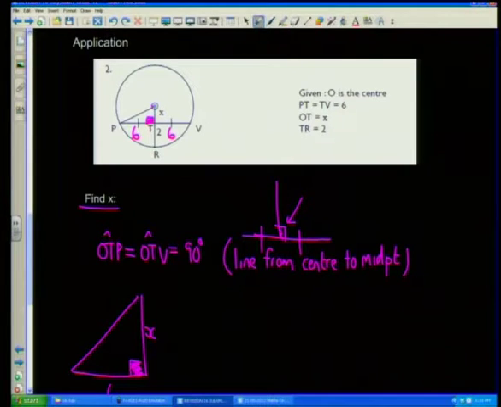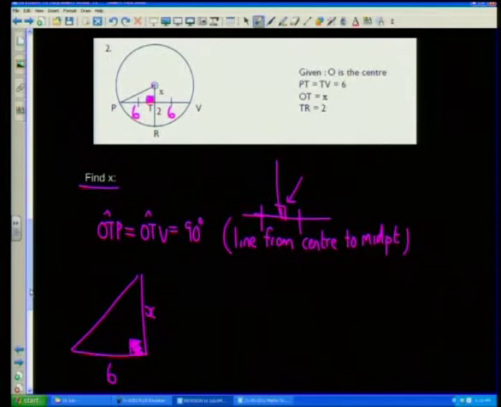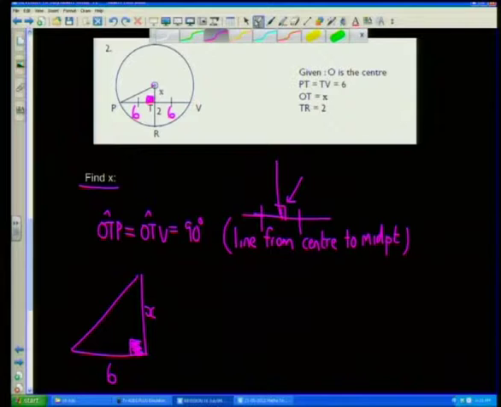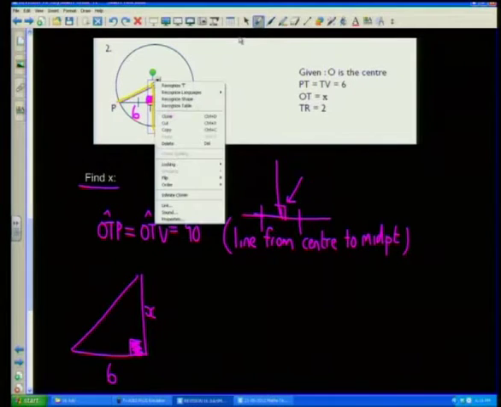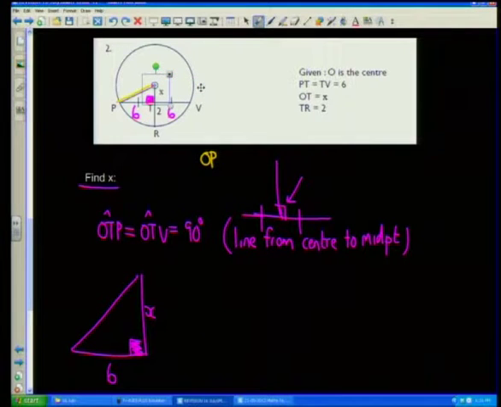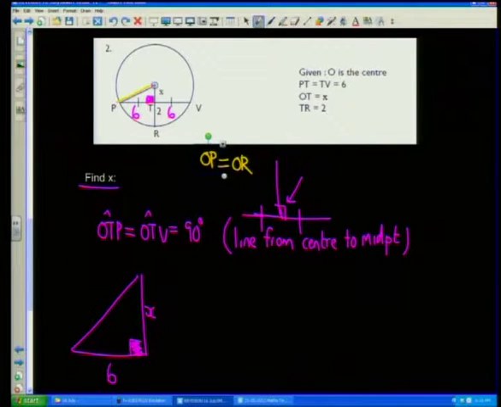Now this is a very important bit of deductive reasoning. Can you all see that that bit there is a radius? That bit there is a radius. And that's the property of a radius, that we know that in this picture, from O to P, it is the same length as from O to R. OP and OR, those are equal radii.